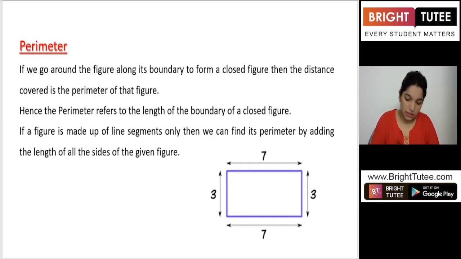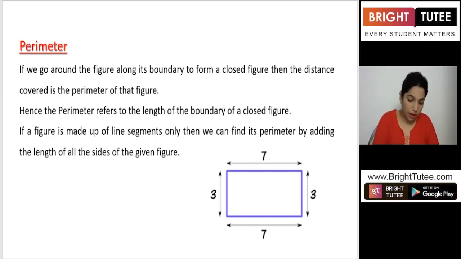Perimeter is basically if you go round the figure along its boundary to form a closed figure, then the distance covered is the perimeter of that figure. Did you understand this line? It says if you go around the figure along its boundary.